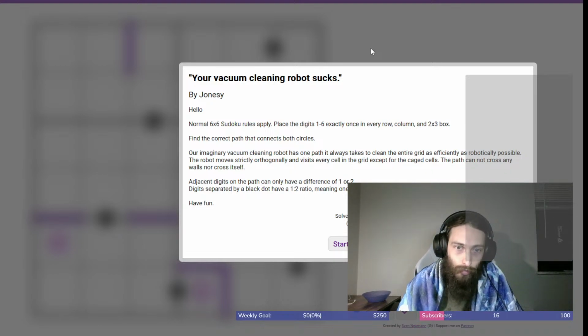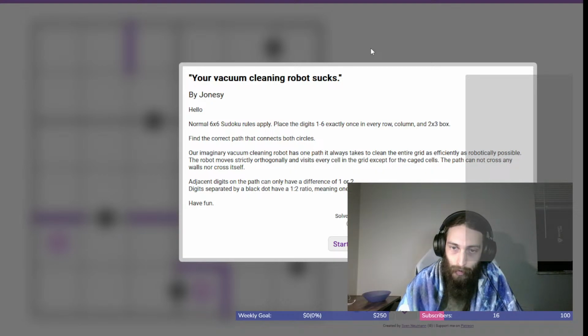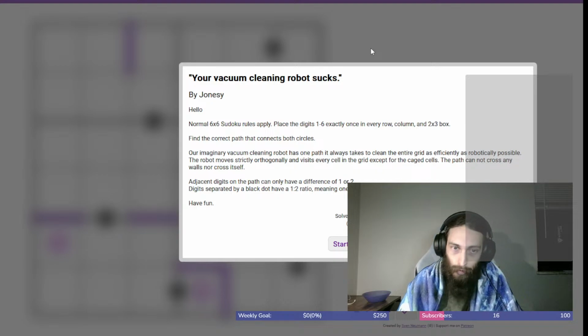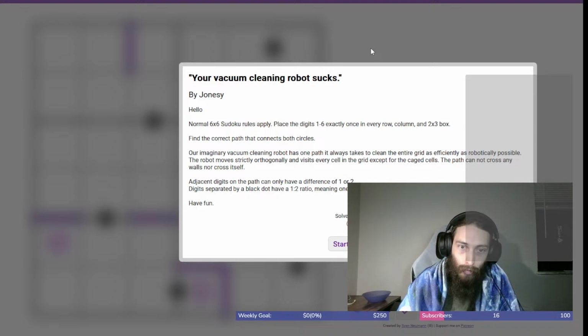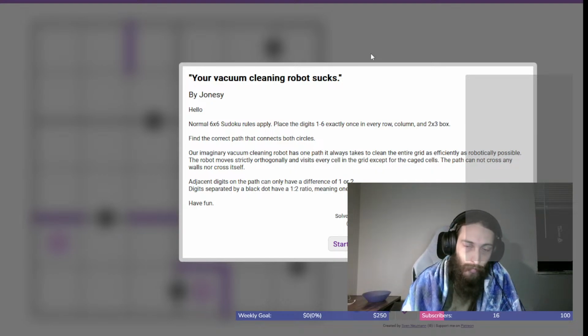The robot moves strictly orthogonally and visits every cell in the grid except for the caged cells. The path cannot cross any walls nor cross itself. Adjacent digits on the path can only have a difference of 1 or 2. Digits separated by a black dot have a 1 to 2 ratio, meaning one is exactly double the other. Have fun!